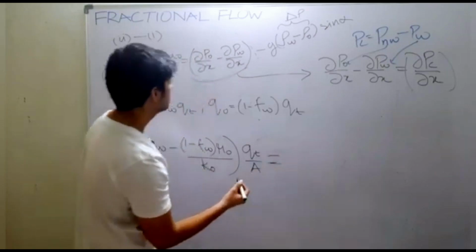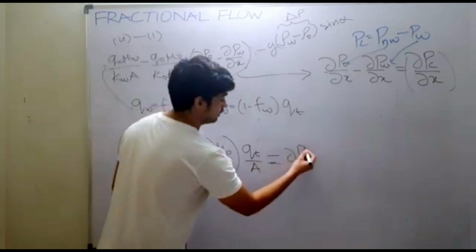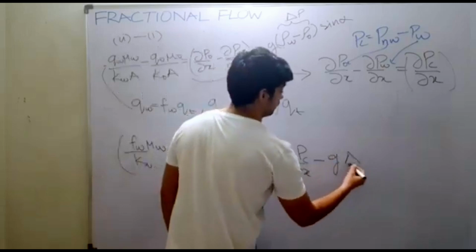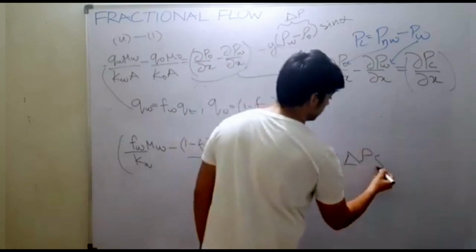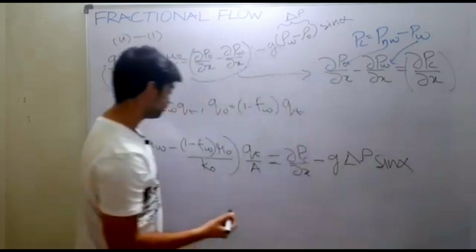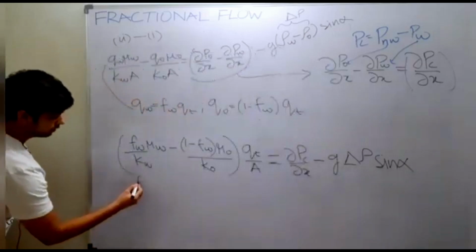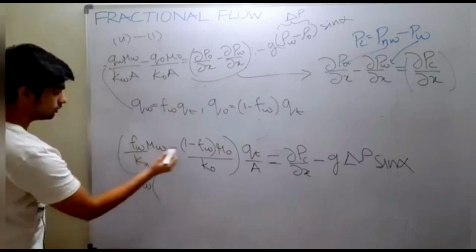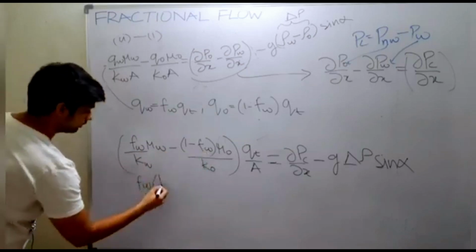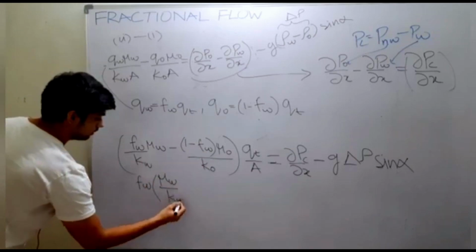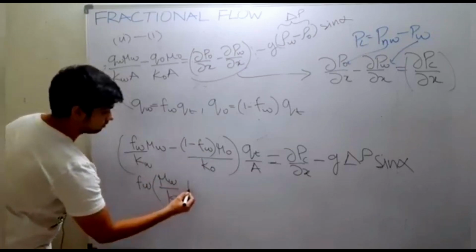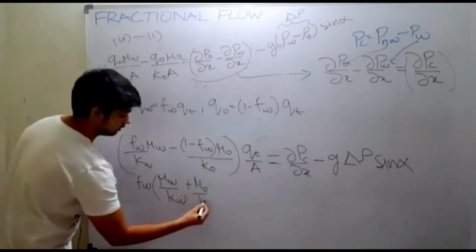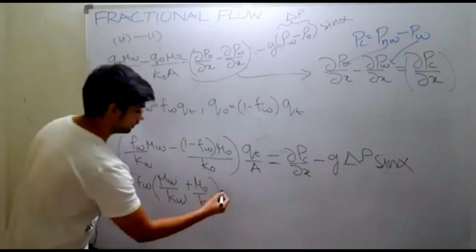And on the right hand side we have dPc by dx minus g delta rho into sine alpha. Now we can take fw common out from two terms as well. Negative negative will become plus, and there will be one more term.